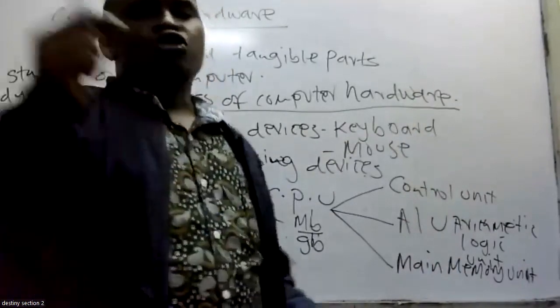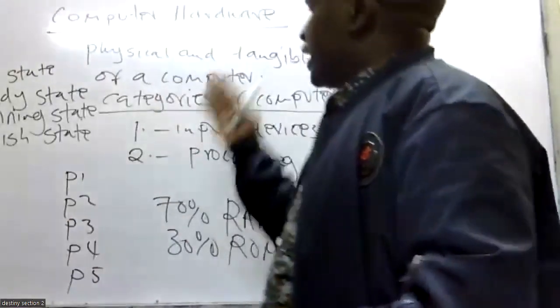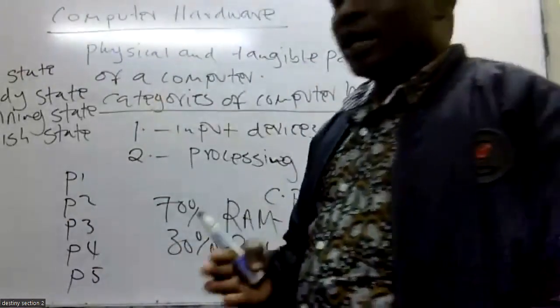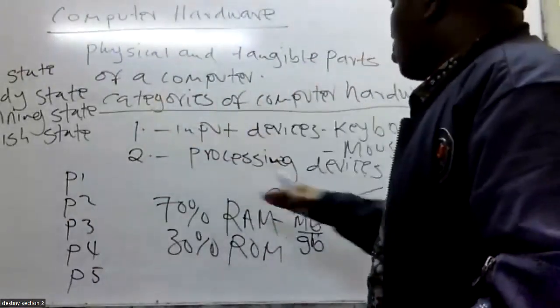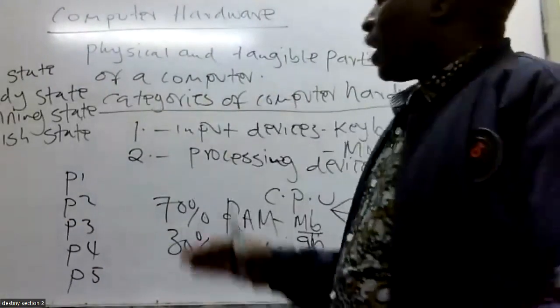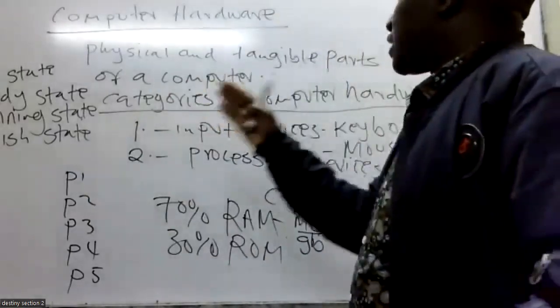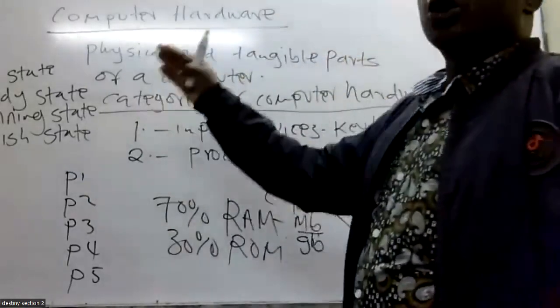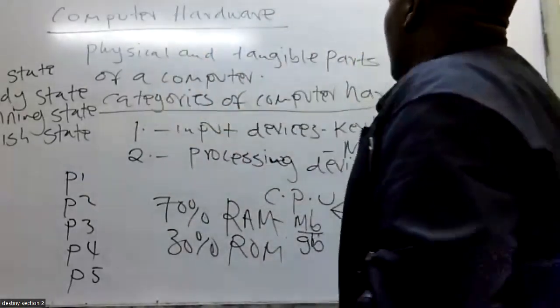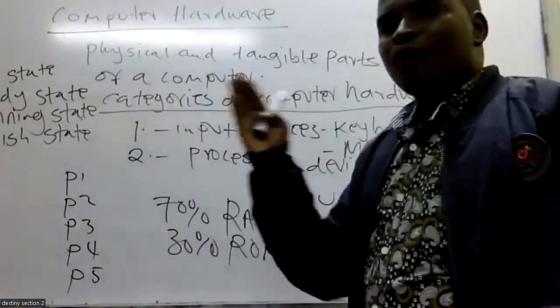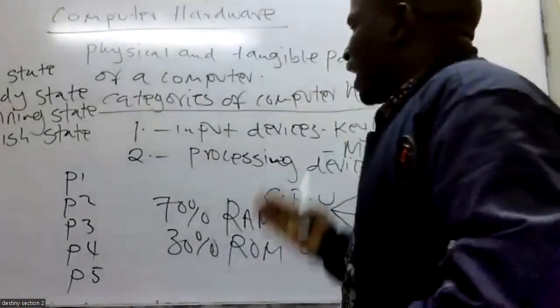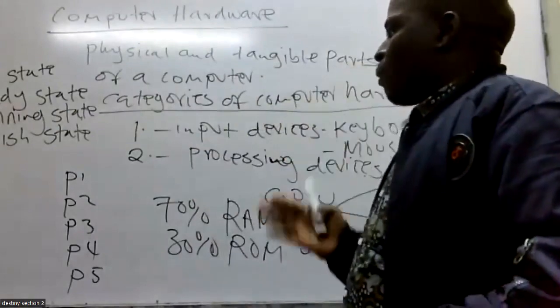Now you need to know that, as I have said, we are discussing the computer hardware. We have said that computer hardware is the physical and tangible parts of a computer, and that it has categories.